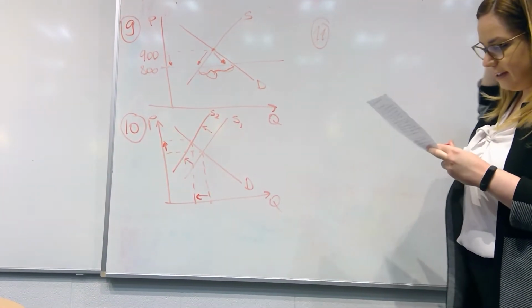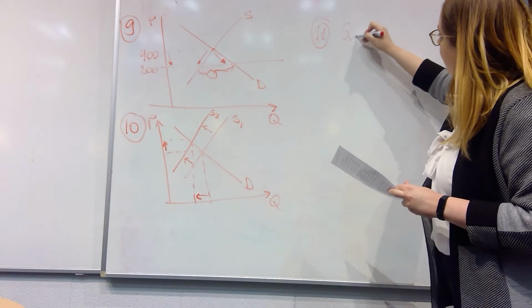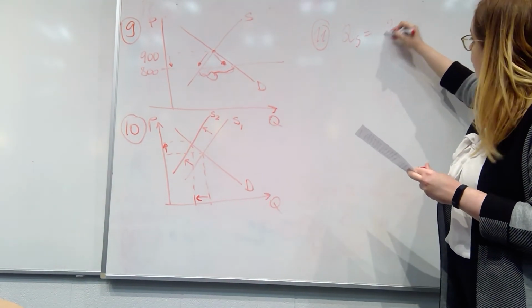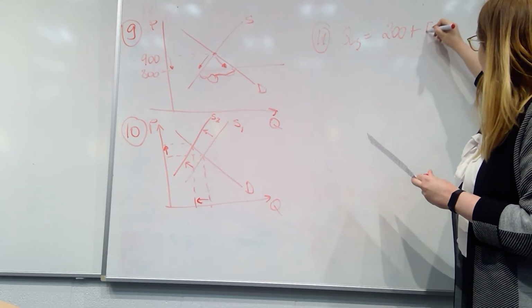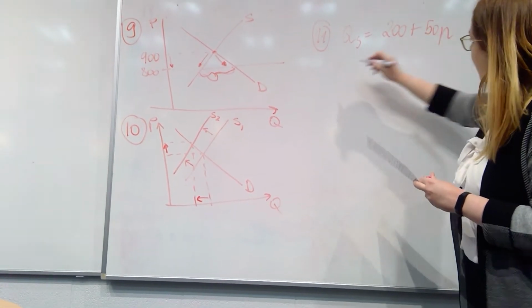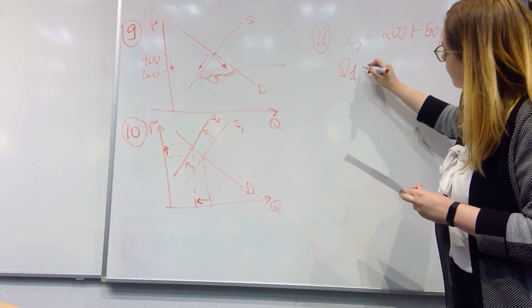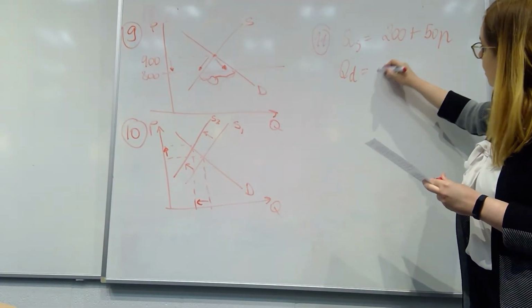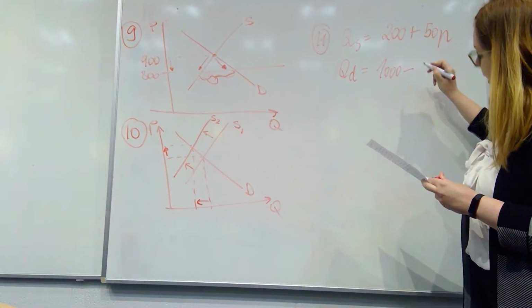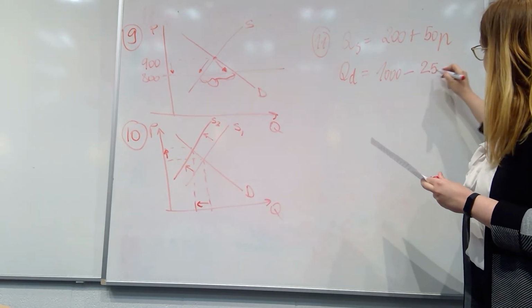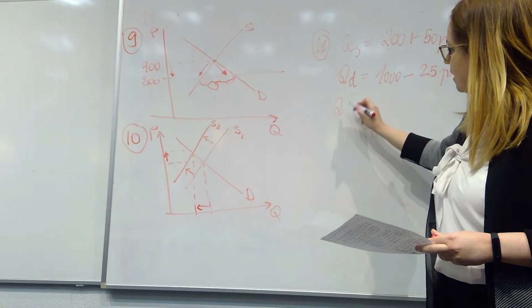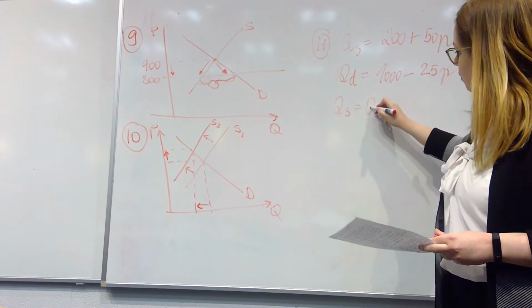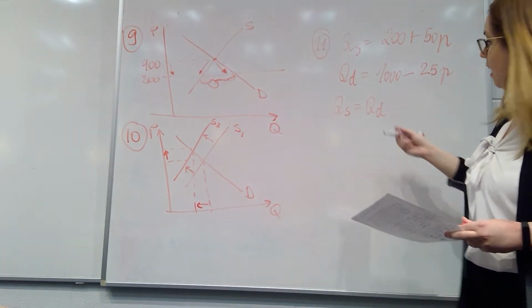And we are given quantity supplied, which is 200 plus 50p, and our quantity demanded, which is given as 1000 minus 25p. So we know that the equilibrium is when quantity supplied is equal to quantity demanded.